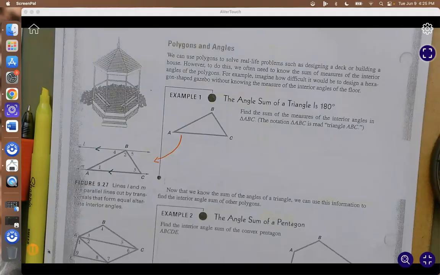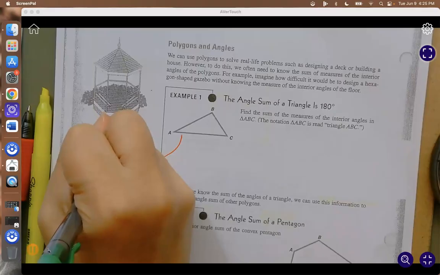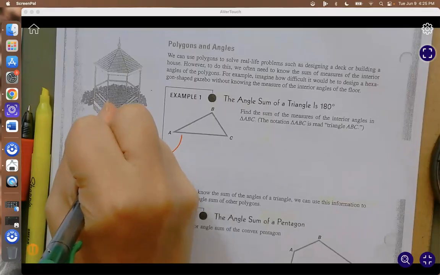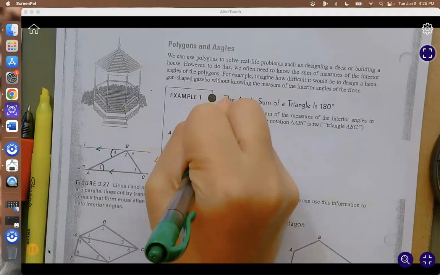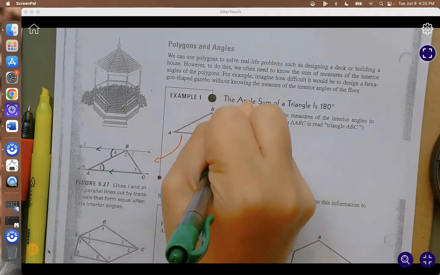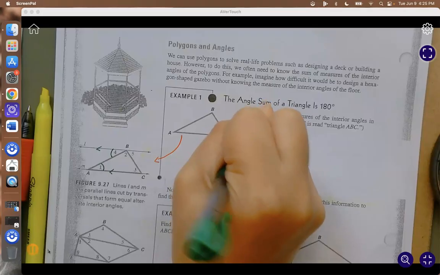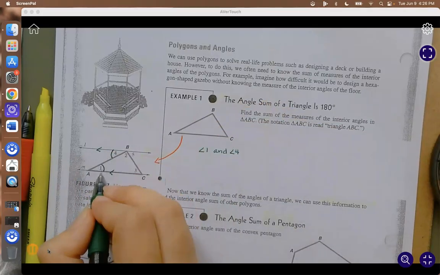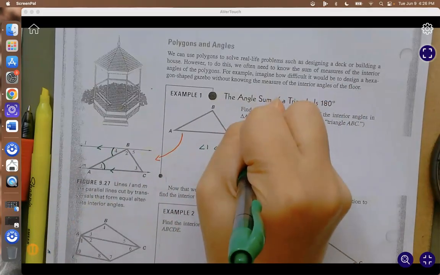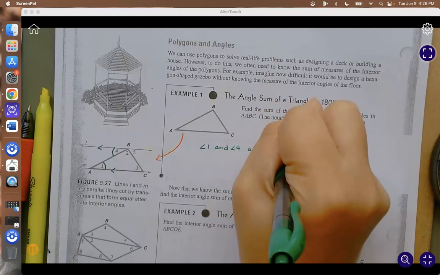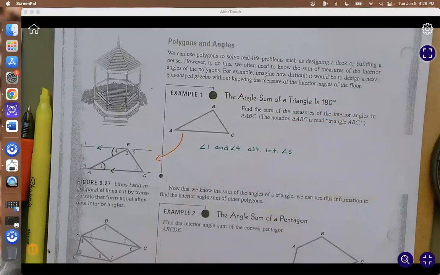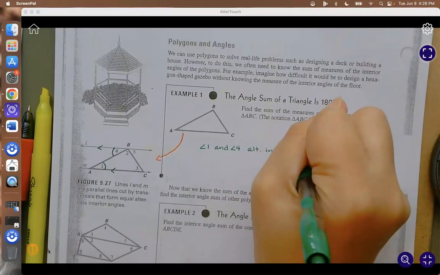We know that angle 1 is equal to angle 4 because angle 1 and angle 4 are what? What do we call those? Alternate interior angles. Okay, so they are congruent.